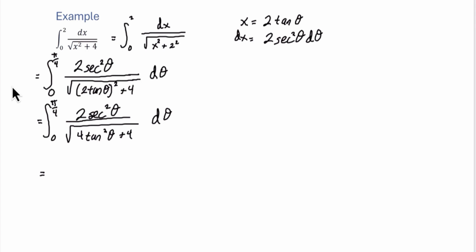Continuing to focus on the denominator, I'll just copy the limits and copy the numerator for now. Remember, the goal in the denominator under the radical is to get a perfect square. That's our ultimate goal. So we'll start by factoring out a 4. We'll be left with tangent squared theta plus 1.